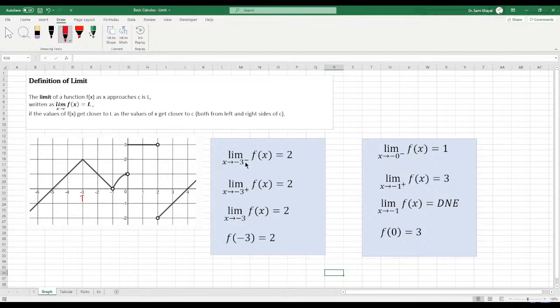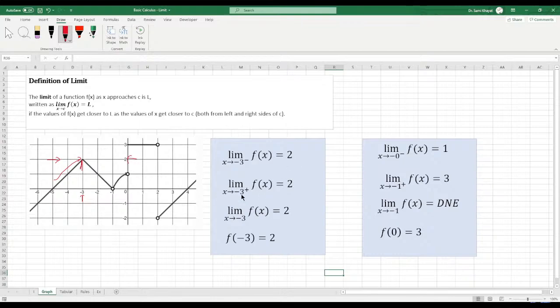This negative sign means I am approaching x from the left side. I'm coming from this direction. If I go from here until I reach this point, what y will I reach? My y is 2. That's why the limit of x approaching -3 from the negative side, the left side, of f(x) is equal to 2.